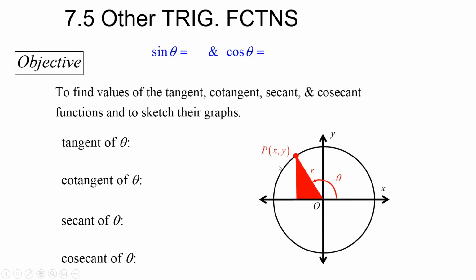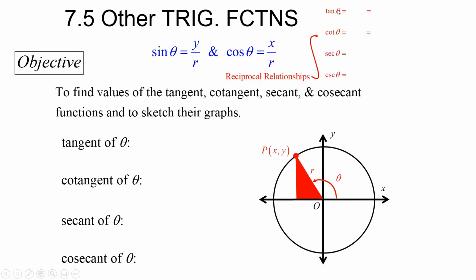And remember, sine is what? That's right, it is y over r, and cosine is x over r. Now with these two algebraic definitions and the reciprocal relationships, we can get an expression for the other four trig functions.